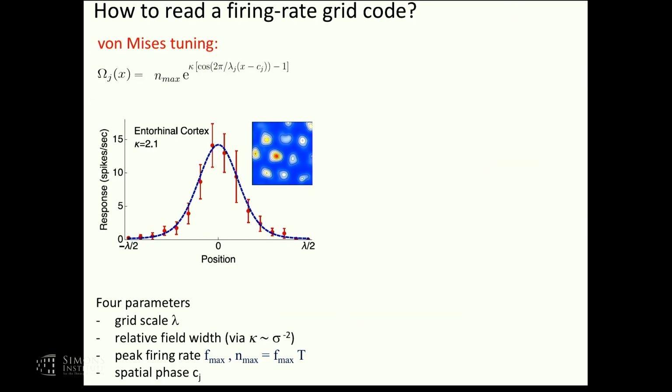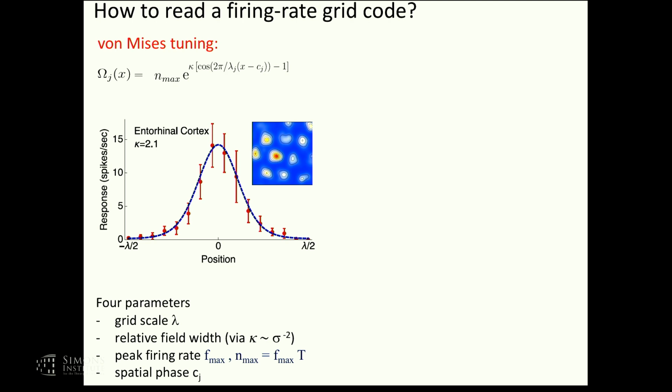And one avenue towards answering this question comes from analyzing what the firing field profile actually looks like. And if you do so, you see that it can be well fit by what's called a von Mises tuning. That's a cosine in the exponent of an exponential function.